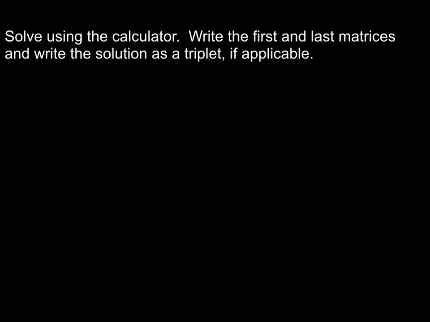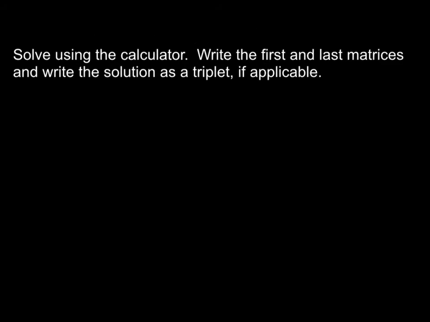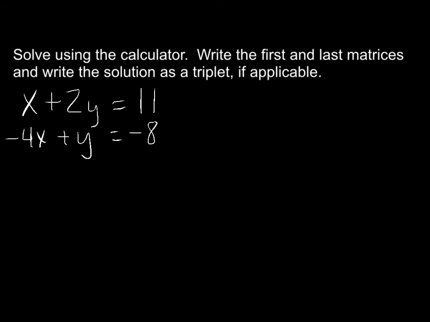All right, solve using the calculator. I don't have a way of showing my calculator on here, unfortunately. So what I'm going to do is just write down what my calculator says. So I have the system x plus 2y equals 11, -4x plus y equals -8, 5x plus y equals 19.